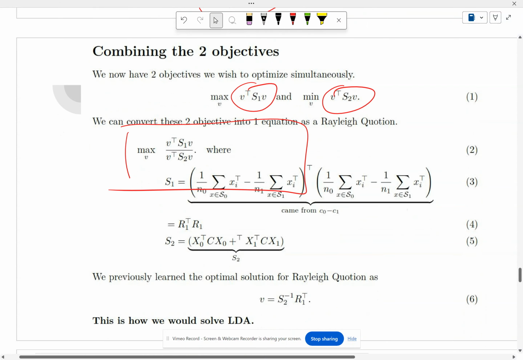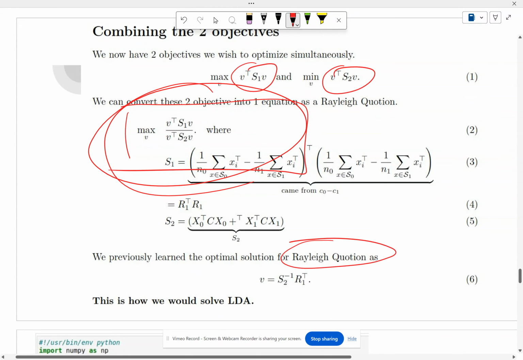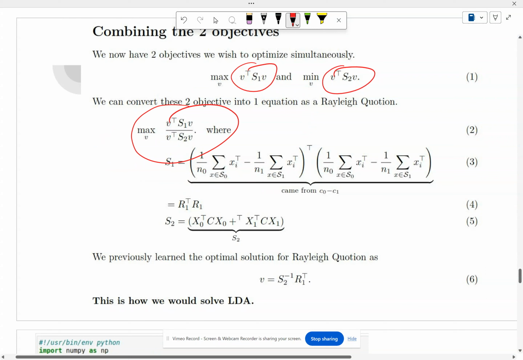Okay? We already previously learned how to solve the optimal Rayleigh quotient. So here's the Rayleigh quotient, and voila, here's the solution. So we learned how to solve it. We now understand where this equation came from, right? And that's how you will essentially solve LDA. Now, remember, I will beat a dead horse.